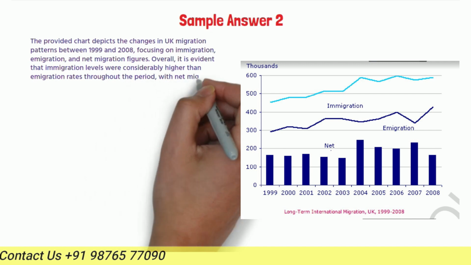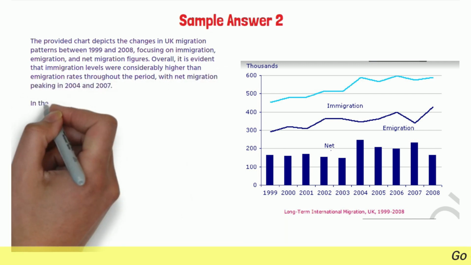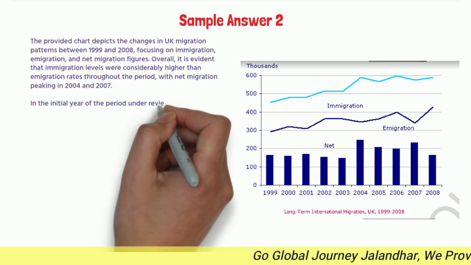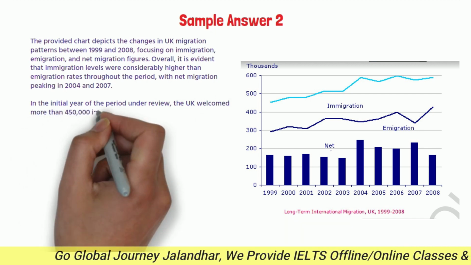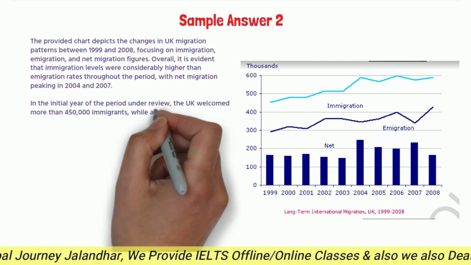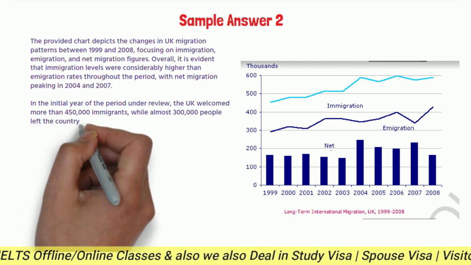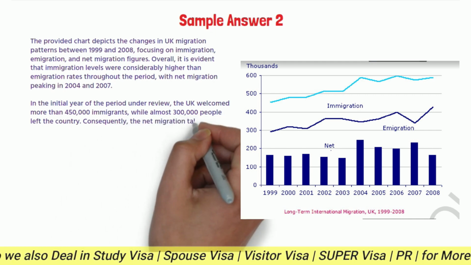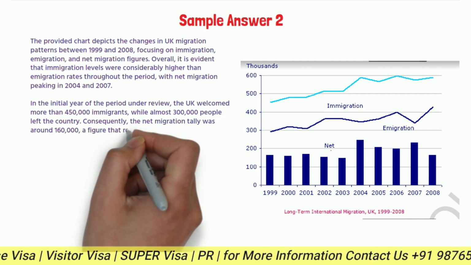In the initial year of the period under review, the UK welcomed more than 450,000 immigrants, while almost 300,000 people left the country. Consequently, the net migration tally was around 160,000, a figure that remained relatively steady until 2003.